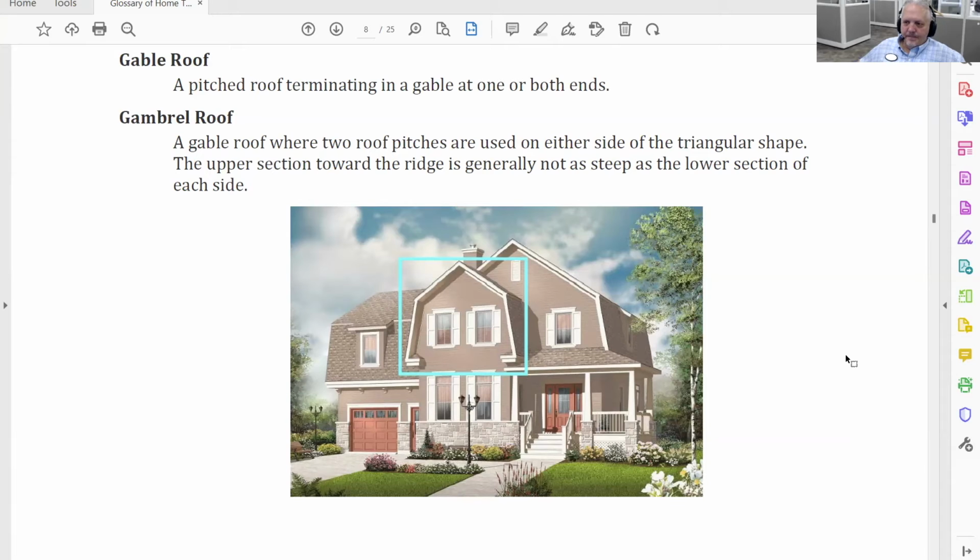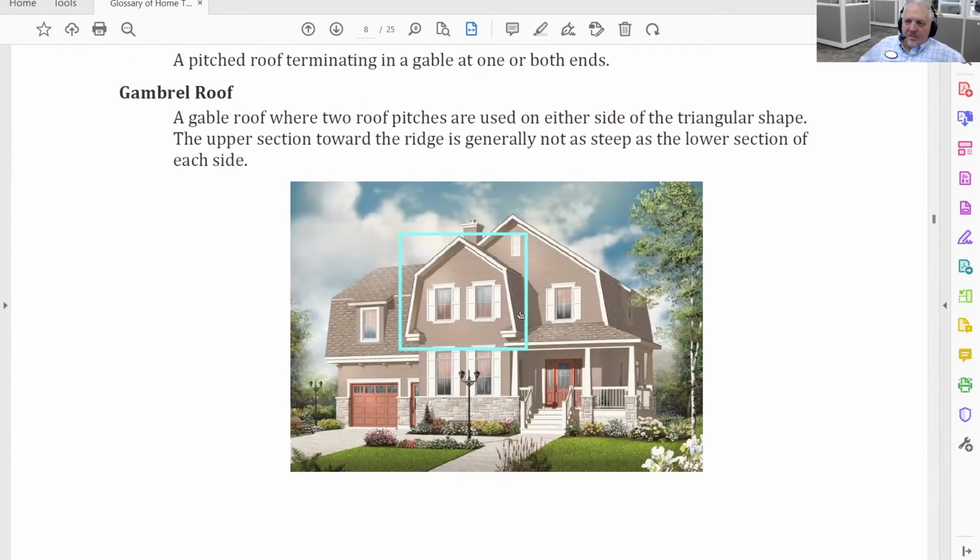Sometimes you'll hear this referred to as a Dutch gambrel. This roof line is also gambrel. Notice what's on this angled face of this steep roof line. It is actually composition shingles that are on a nearly vertical surface. That's kind of characteristic of a gambrel style roof.